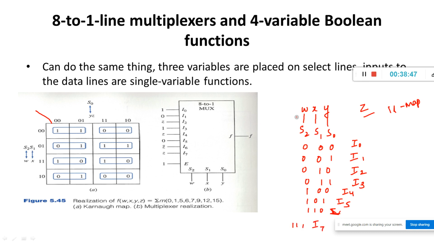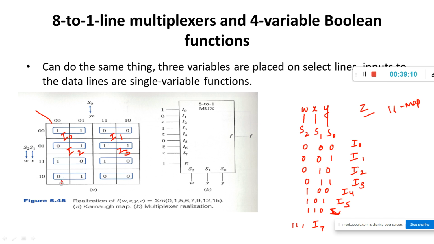Check now WXY where it is 0. See here, in the first cell it is 0. This is I0. Next 0, 0, 1 is I1. Next 0, 1, 0 is I2. 0, 1, 1 is the I3 submap.